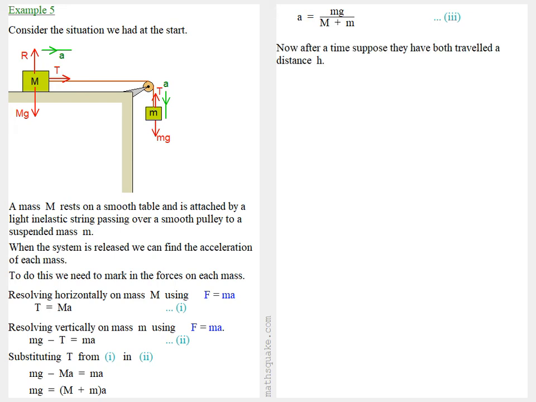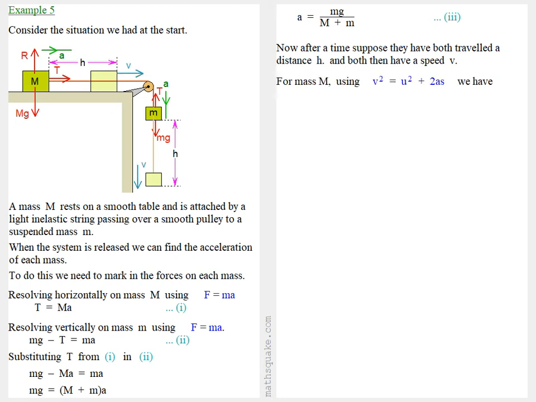Now suppose after some time they have both travelled a distance h, and both now have a speed of v. For either one of them, let's say mass capital M, we can use v squared equals u squared plus 2as, and we have the initial velocity is 0, so v squared equals 0 squared plus 2ah. And if we divide by 2, we get a half v squared equals ah.